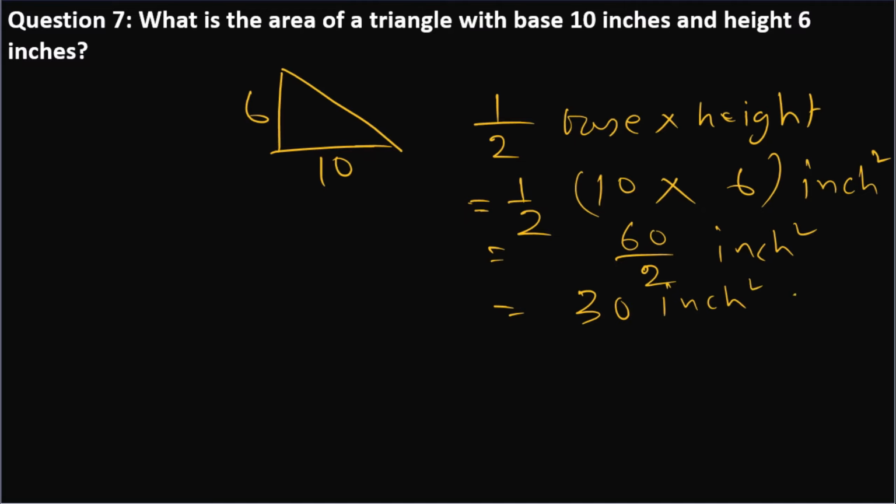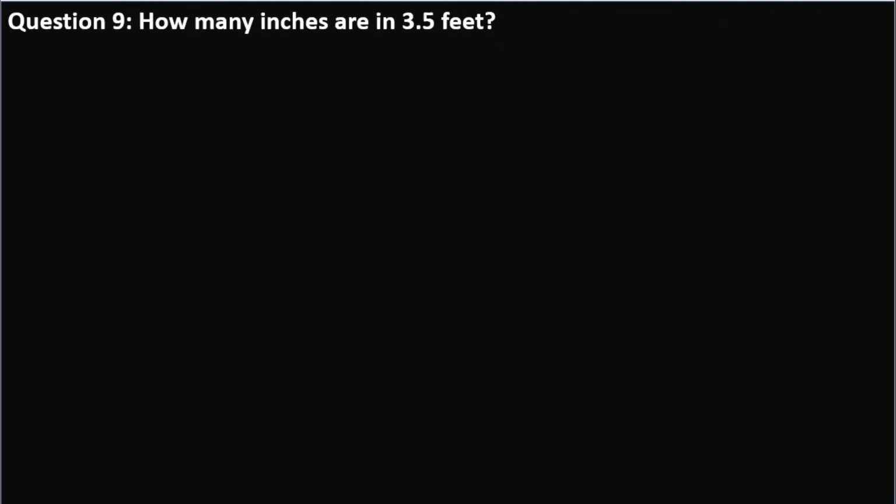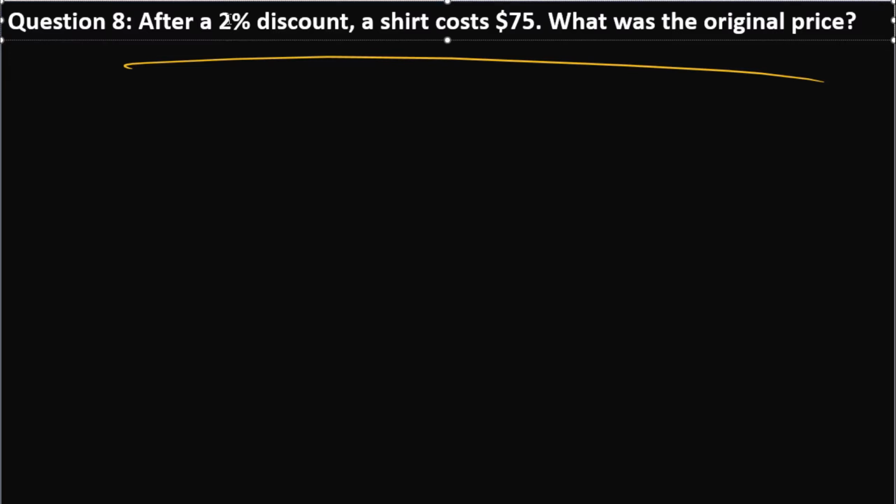So now our next problem is, after 20% discount a shirt cost is 40. So here I have already solved this problem in my previous tutorial. It's really very easy, so you can easily find out the answer. So just change the value, and here look like 27% discount.